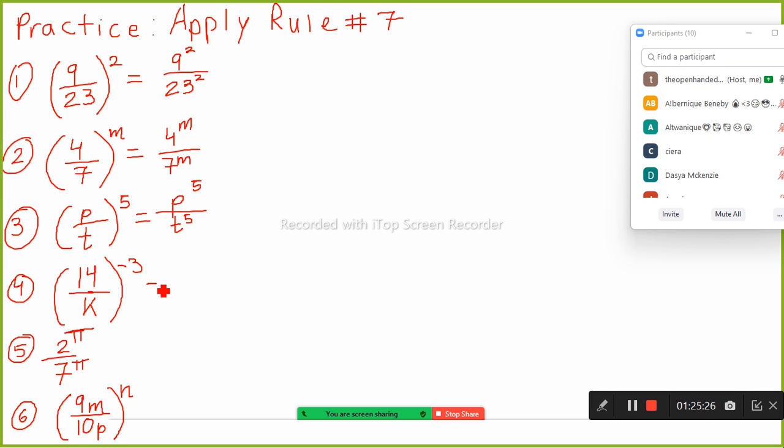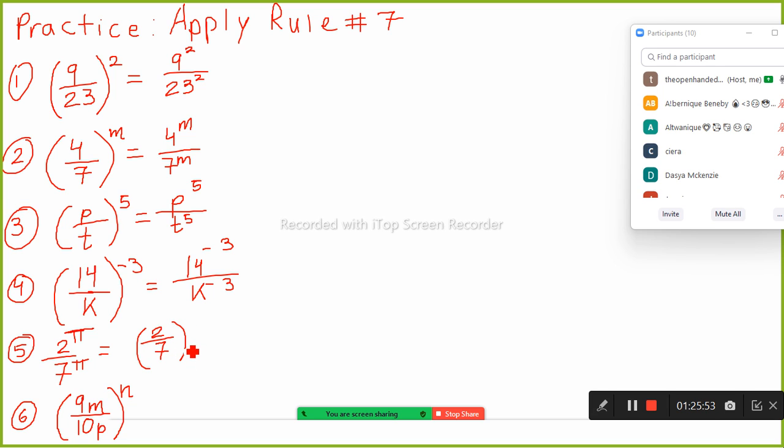Sierra, can you help me with number 4? Okay, so 14 to the power of -3 over k to the power of -3. Deja, help me with number 5. 2 over 7 to the power of pi.